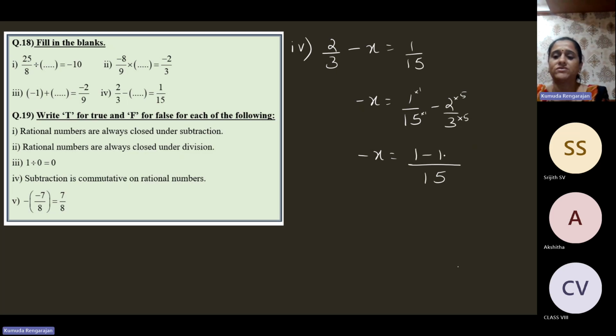So it will be 1 minus 10, minus 9 by 15. You can cancel the minus on both the sides. And also 3 3s are 9, 3 5s are 15. So x is equal to 3 by 5. Am I right?